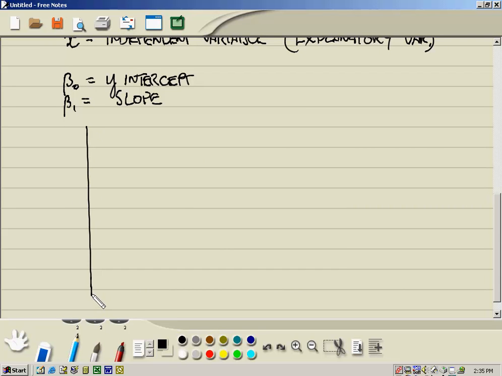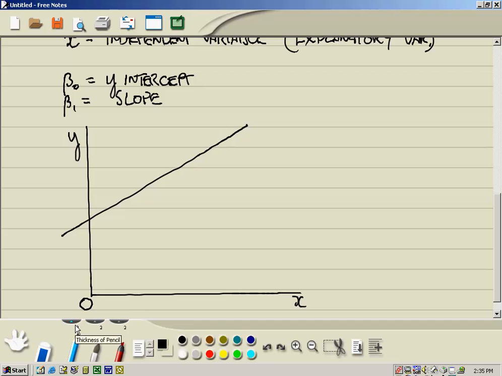Okay, so let's draw the diagram, and let's say that our relationship between x and y is something up here. And let's assume that we've started the axis at the origin. Okay, so the point where the line cuts the y-axis is beta 0.